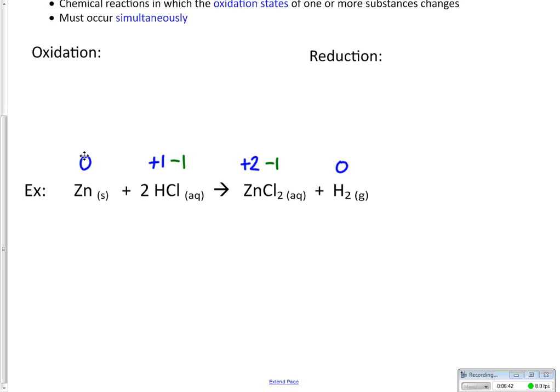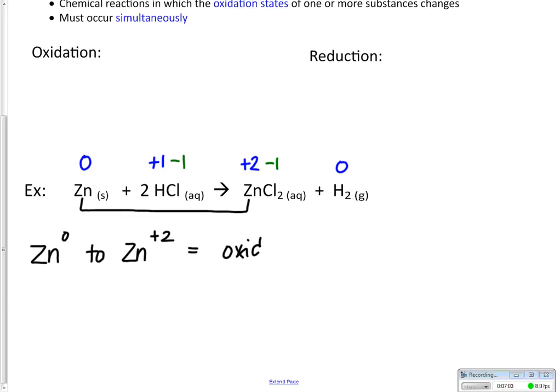So if we look at the 3 elements involved in this reaction, the zinc had an oxidation state change. The zinc went from 0 to a +2. Its oxidation number increased. Therefore, the zinc is oxidized because it lost electrons.